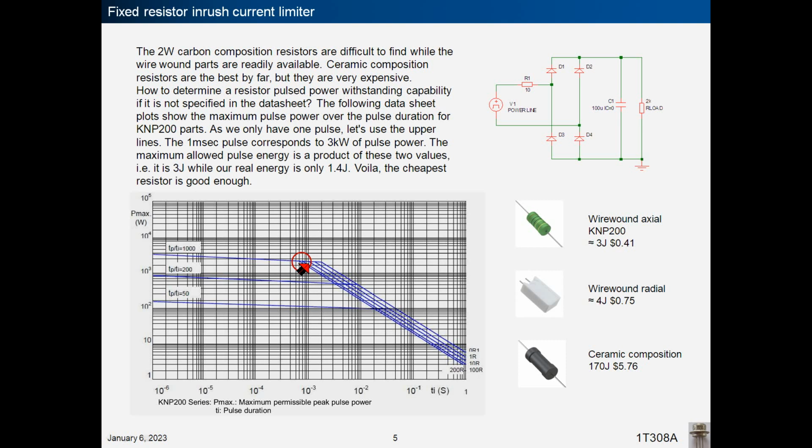The maximum allowed pulse energy is a product of these two values, that is 3 joules, while our real energy is only 1.4 joules. Voila! The cheapest resistor is good enough.